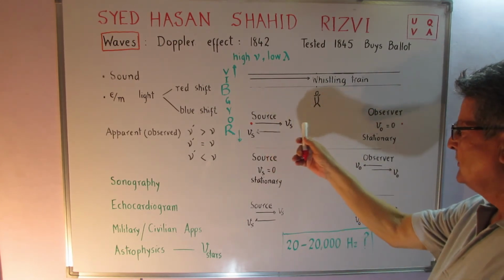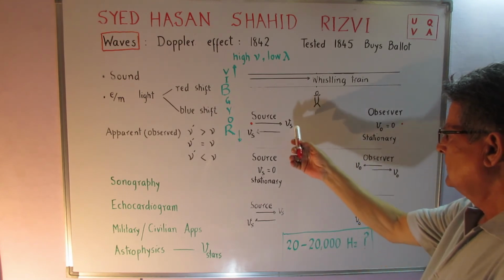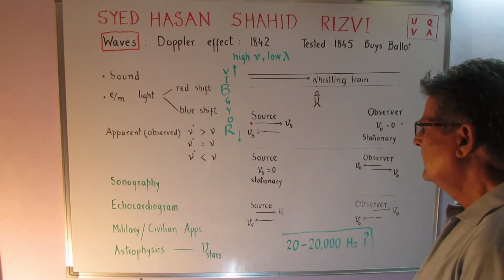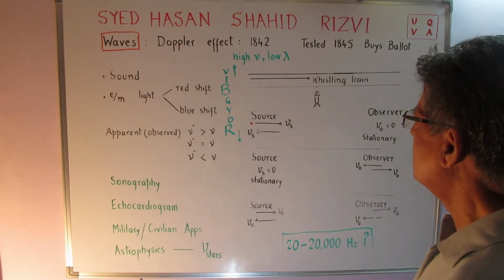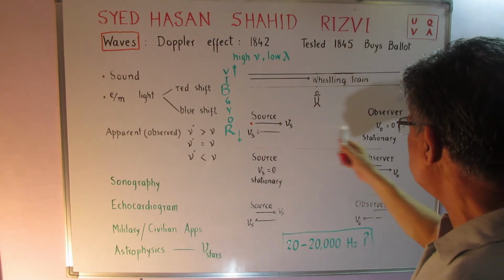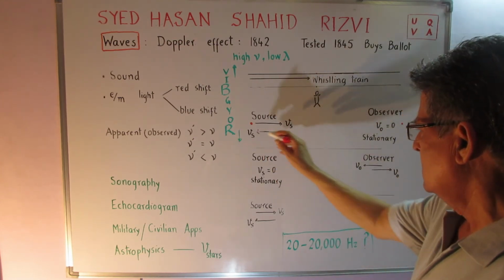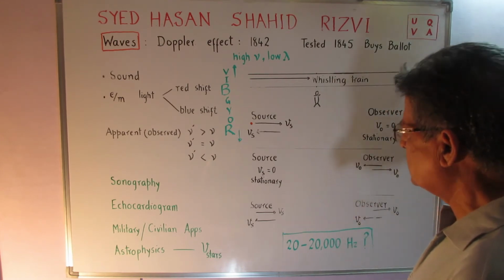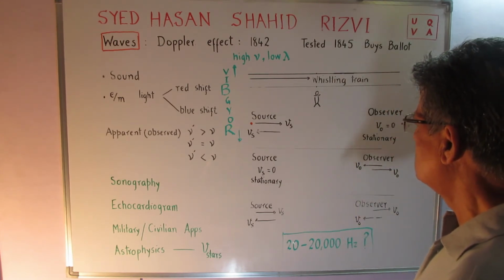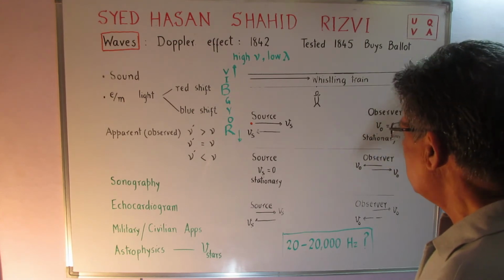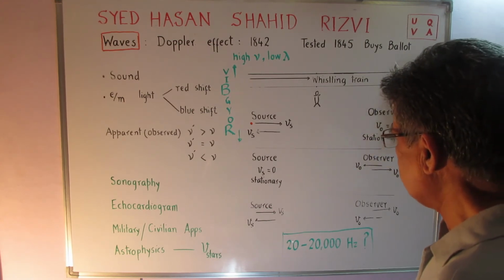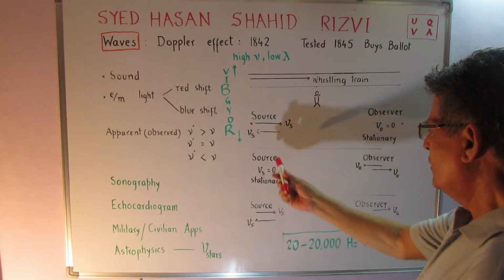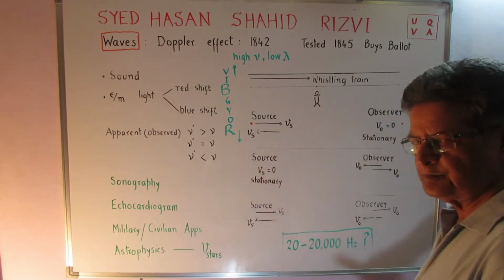There are two cases. The speed of the source is towards the observer or it is away from the observer. That needs separate treatment. In the second instance, the source is stationary.